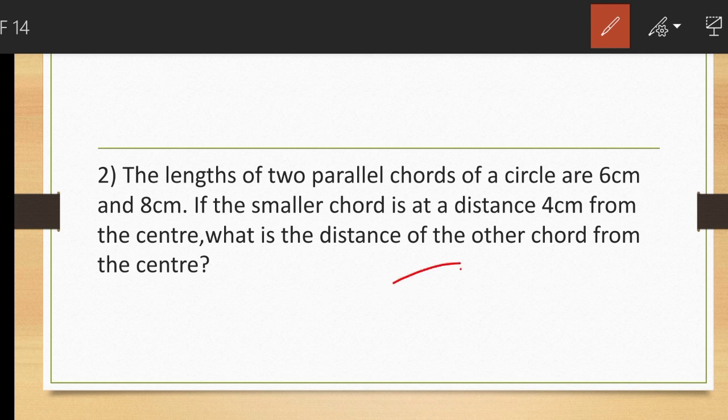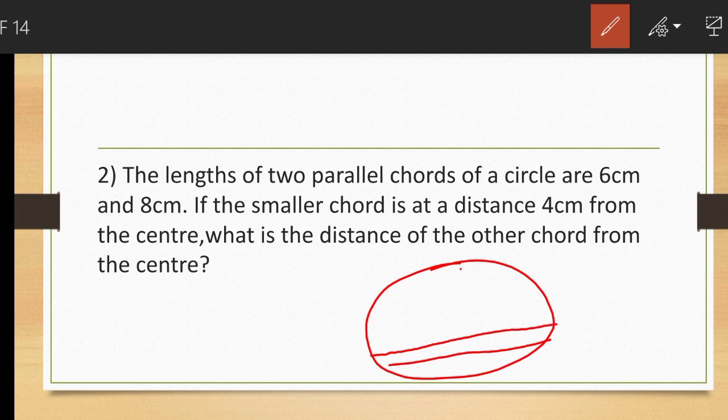chord from the center? So if we have a circle, if this is 6, the 8 centimeter chord will be just above, since they are parallel. Since here it is not mentioned that the 2 chords are on either side of the center, we can consider that the 2 chords are on the same side of the center.